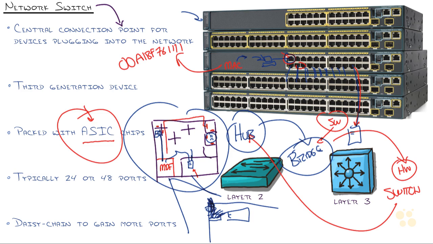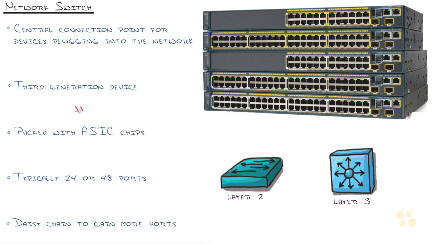So ASICs are really good from that aspect, but have a drawback, and that is because they are hardware, right? What is easier to upgrade, hardware or software? Well, software, right? You just download a patch or a service pack or whatever the case is, and you upgrade that software and fix bugs and add functionality.